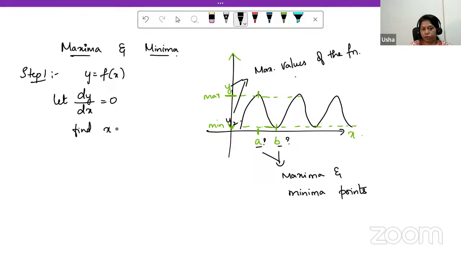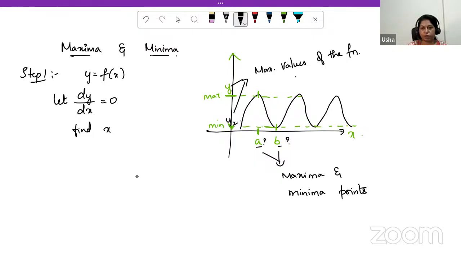If you get one value, then it will be either a point of maxima or a point of minima only. There are certain functions which have only a minimum value, and for maximum there is no limit. There are certain functions which have a highest possible maximum value, and for minimum there is no limit. There are certain functions which do not have a fixed maximum and minimum value. So how to find this? First, differentiate the given function, equate it to 0, and simplify. You will get some values for x.